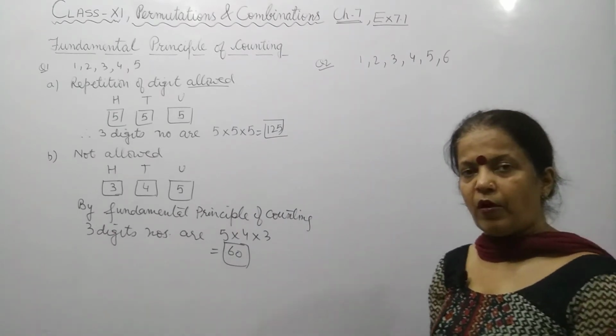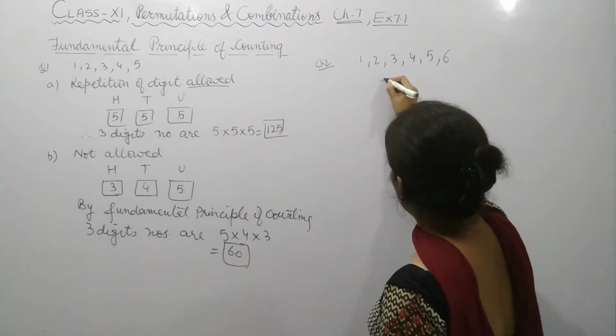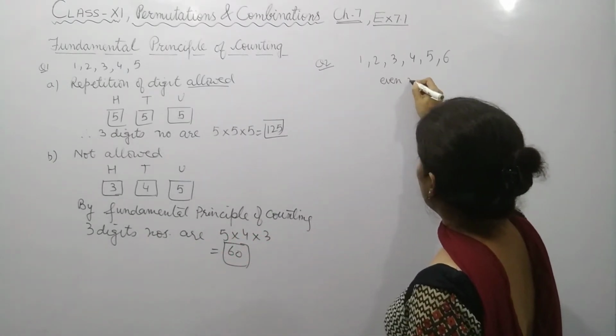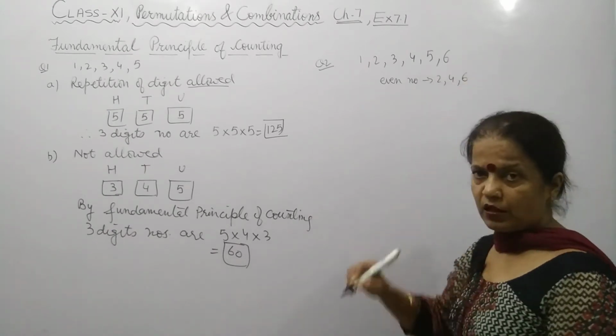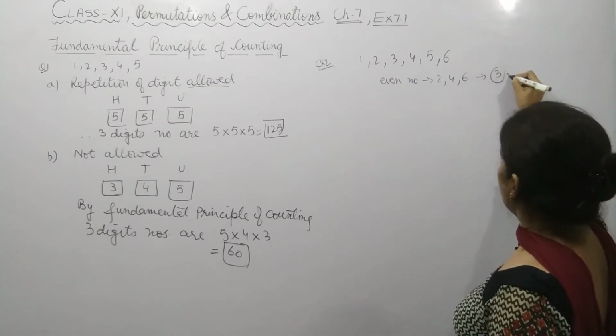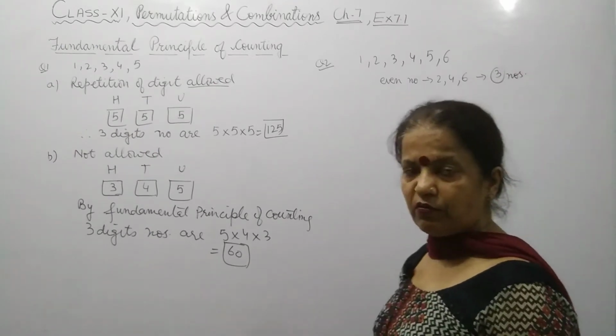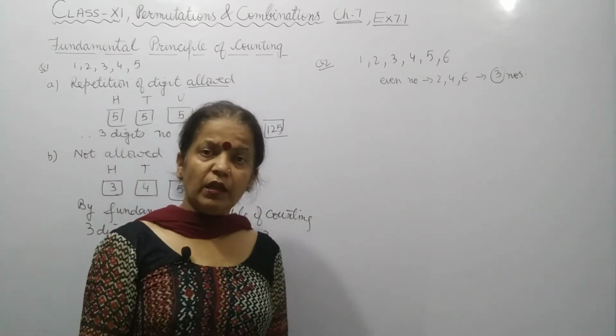Even number हमें form करना है. Even number means at unit place, here the even numbers are 2, 4 and 6. ठीक है? So there are total 3 digits that are even. The 3 digits are there which can form the even number.